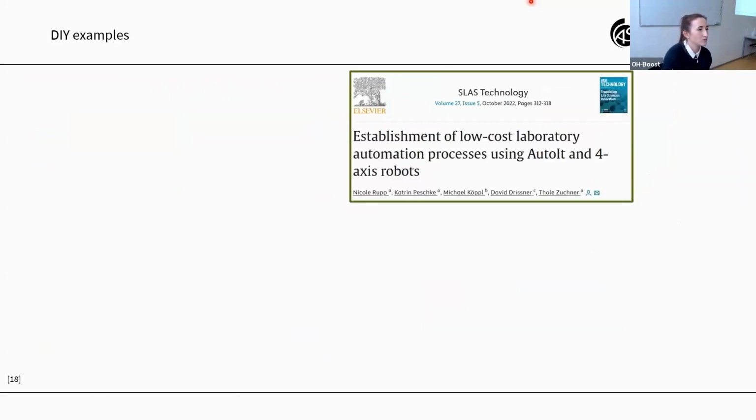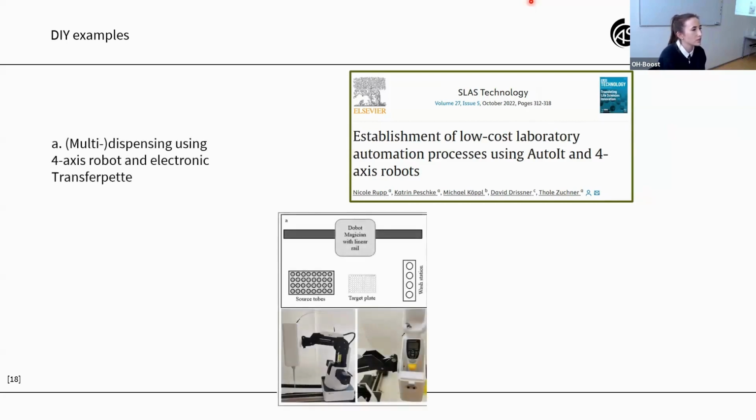Also, in our lab we do laboratory automation in the low-cost field. Here, in the establishment of low-cost laboratory automation processes using Autoid and a 4-axis robot, we created a system that you can apply in different processes. We show three different applications. First, pipetting, where we use this electronic pipette, and we showed multi and single dispensing.